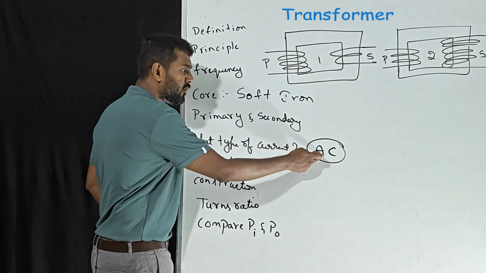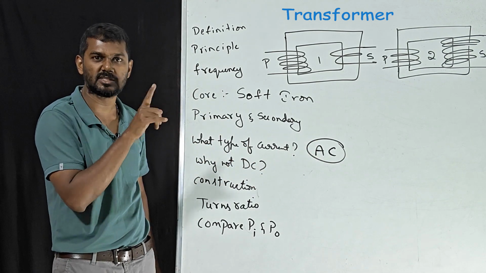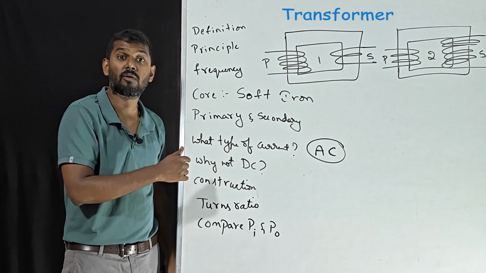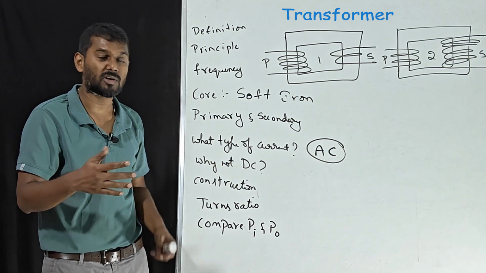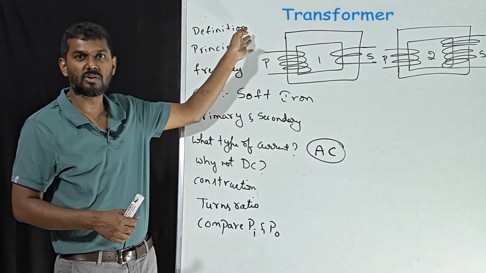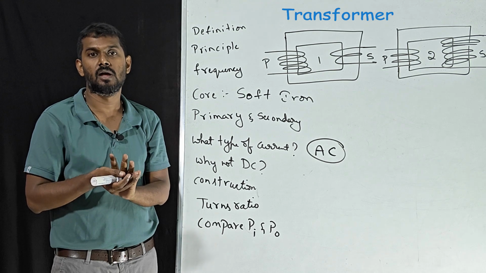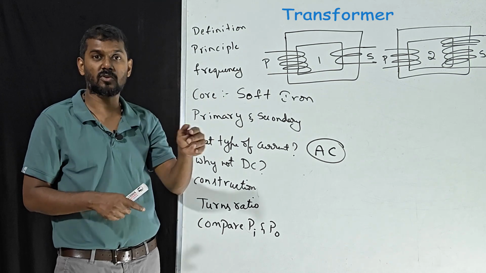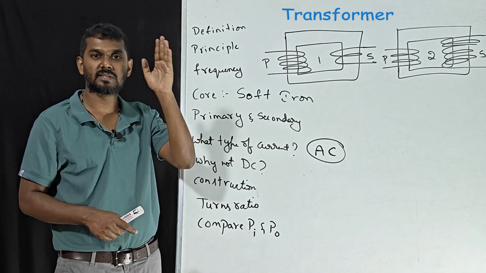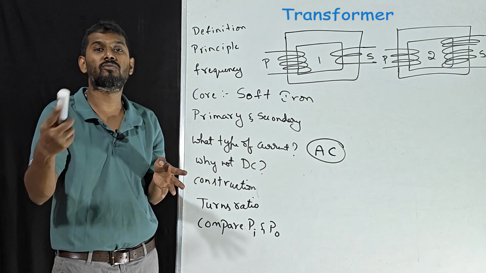In AC current, we have a varying magnitude. That is what we learned in the differences between AC and DC current. But when it comes to DC current, the magnitude is constant. If I give 50 volts of DC, the value remains 50 volts, it will not change. That is wrong for a transformer, because the value has to change. Because of the constant voltage, no flux will change.